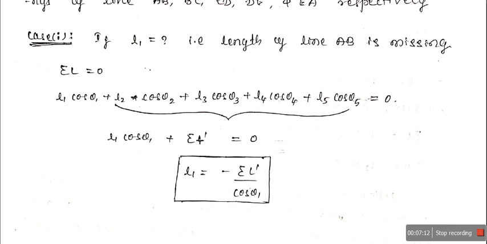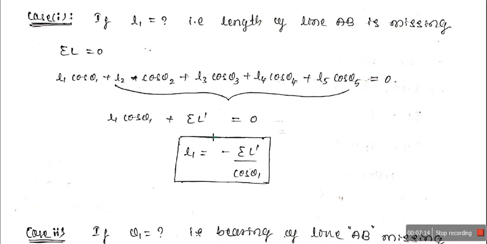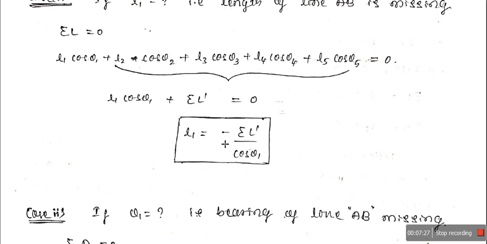Simplify this one, we will get L1 is equal to minus of summation of L dash divided by cos of theta 1. Clear? Don't consider the minus sign. It will give the presence of the line with respect to the quadrant.